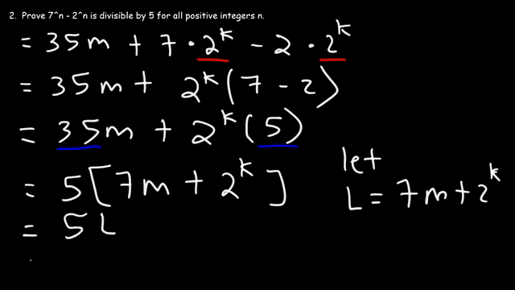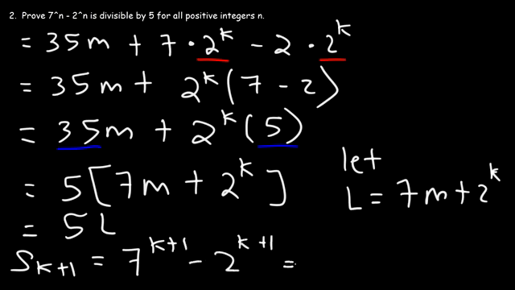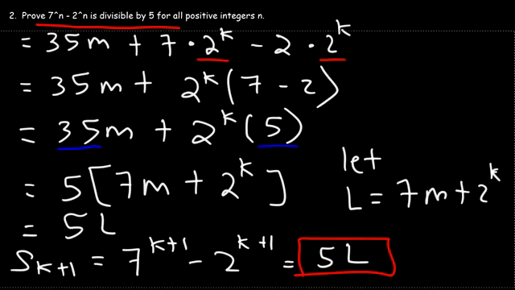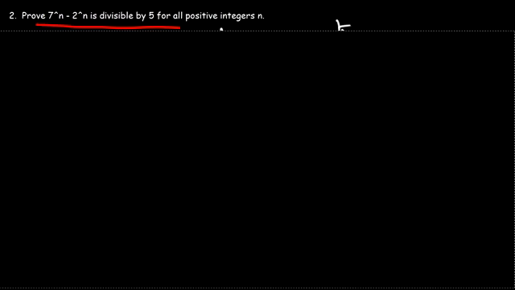We can make the statement that S sub k plus 1, which was 7 raised to the k plus 1 minus 2 raised to the k plus 1, is equal to 5 times some integer L, which means that the original expression is indeed divisible by 5. So let's pick an n value and test it out.